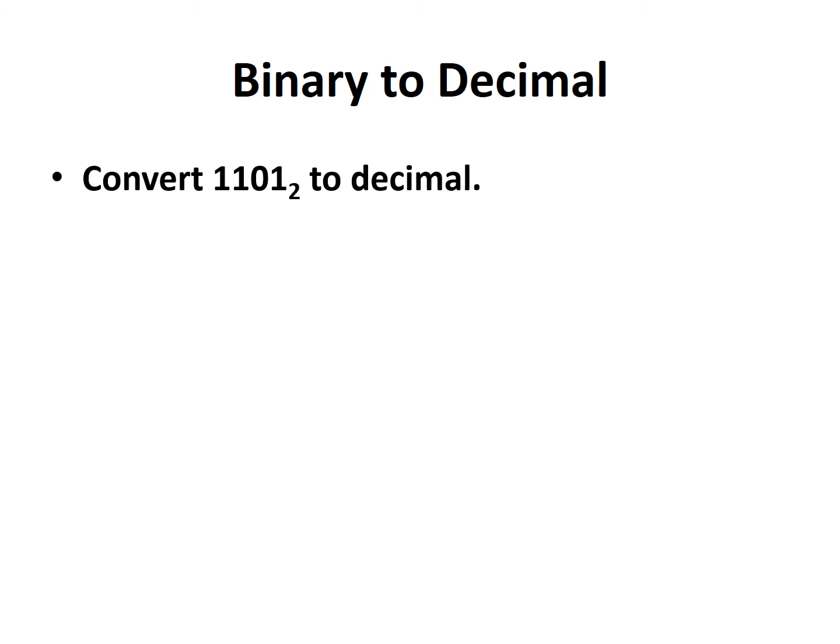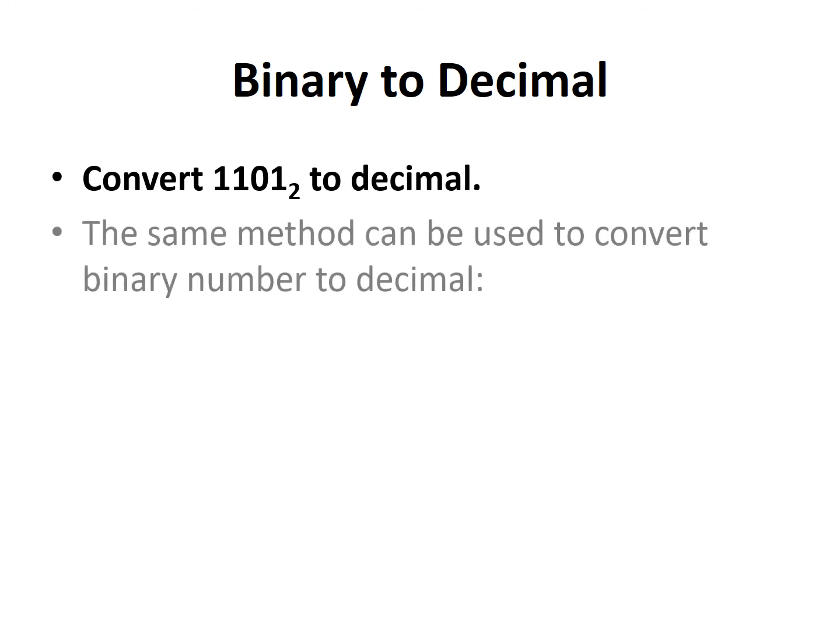Now the same procedure. Totally 4 digits are there. The last digit is 2 power 0. Then the next one is 2 power 1, then 2 power 2, 2 power 3, like this.